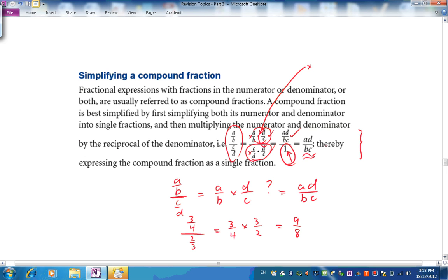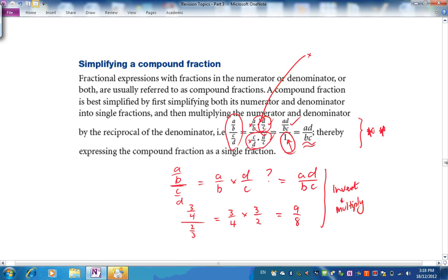And that's how you can get to AD over BC. So, again, the quickie method is maybe you think invert the bottom fraction and multiply, but it would be nice in this course if you remembered why that works.